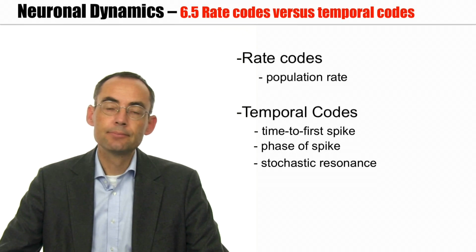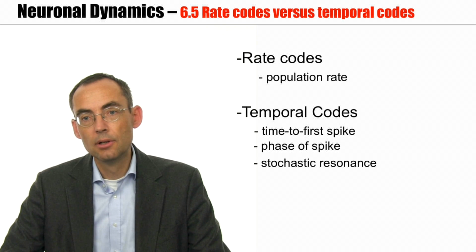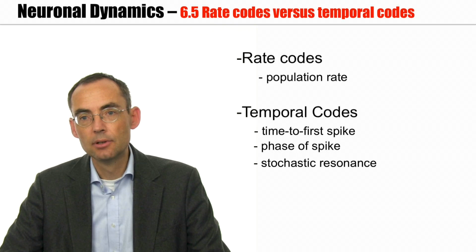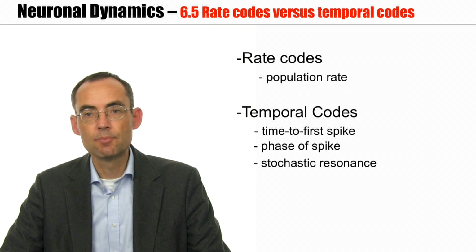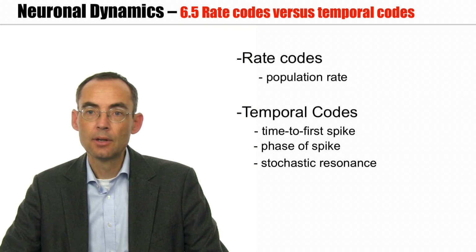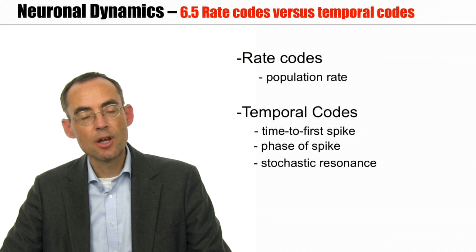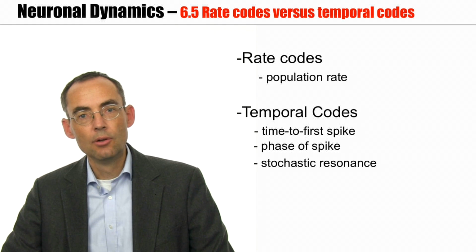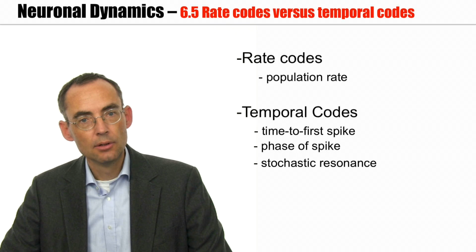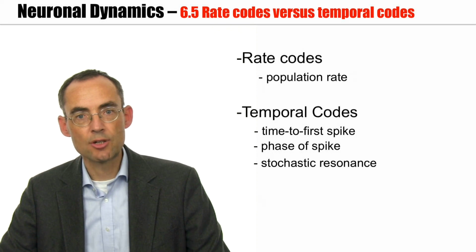To summarize, there are not just rate codes. There are also temporal codes. There are spike timing codes based on time to first spike or based on phase. In the presence of noise, you can understand these temporal codes. For example, using the picture of stochastic resonance, there's a reference trajectory.